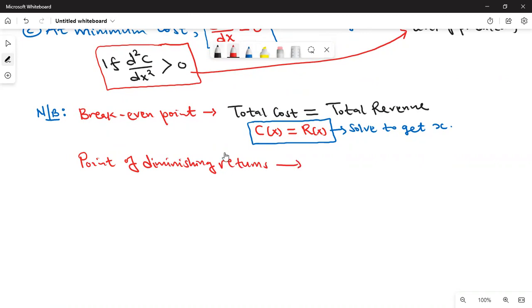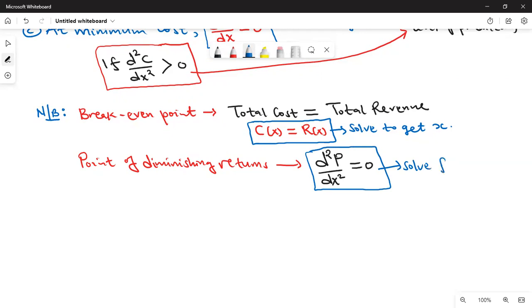It is simply the point where the second derivative of the profit function with respect to x is equal to 0. That is what you call the point of diminishing returns. So you're going to differentiate the profit function twice, equate it to 0, and solve for x. The value of x you get there will tell you that that is the point of diminishing returns.